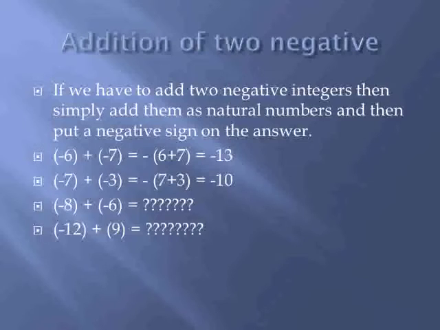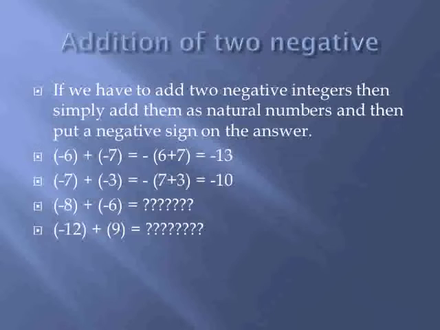For adding two negative numbers, what do we have to do? We simply add them as natural numbers and put the negative sign. Let's see the example. It is given -6 and -7, both integers are negative.